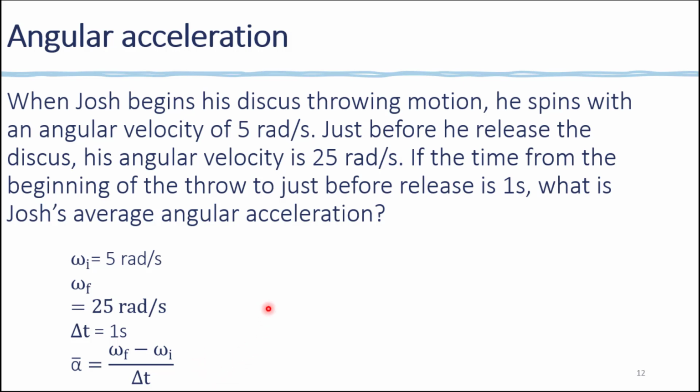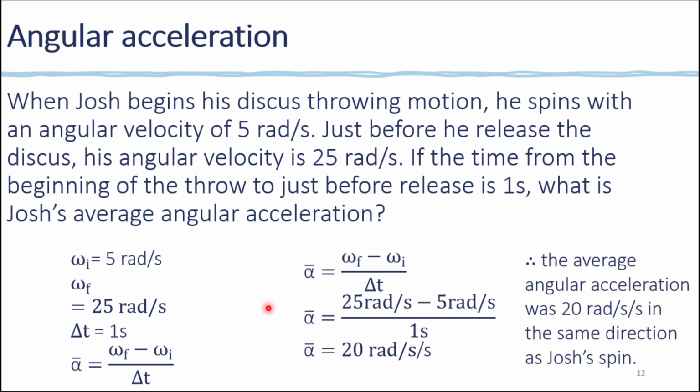So let's substitute everything into the equation. We have our final angular velocity minus our initial angular velocity divided by time, which gives us an average angular acceleration of 20 radians per second squared in the same direction as Josh's spin.